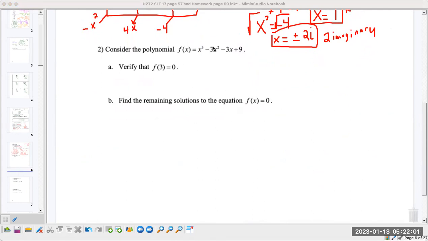Okay, here we are again. We're going to evaluate. We're just going to plug in 3 for every time I see an x. When it says verify, we're just making sure that this goes to 0.